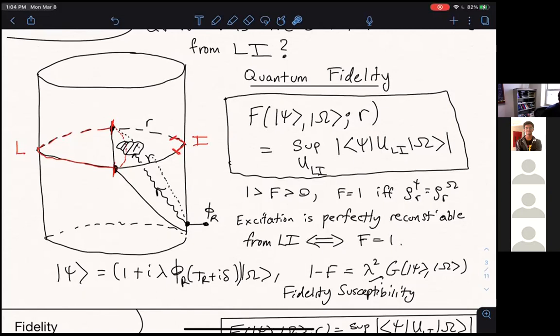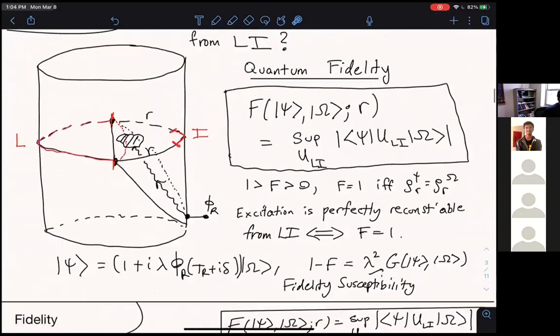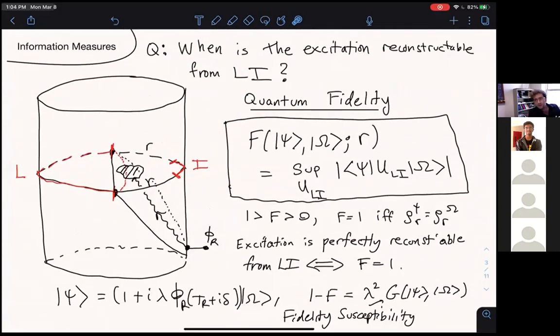Okay, thank you. Just to follow up: this will be a function of time, like you insert phi r in the path, and as you evolve, this F goes from 0 to 1. Yep, I'll show you plots at the end. That's exactly right. We're trying to understand the transition where it goes from being some small thing to close to 1.